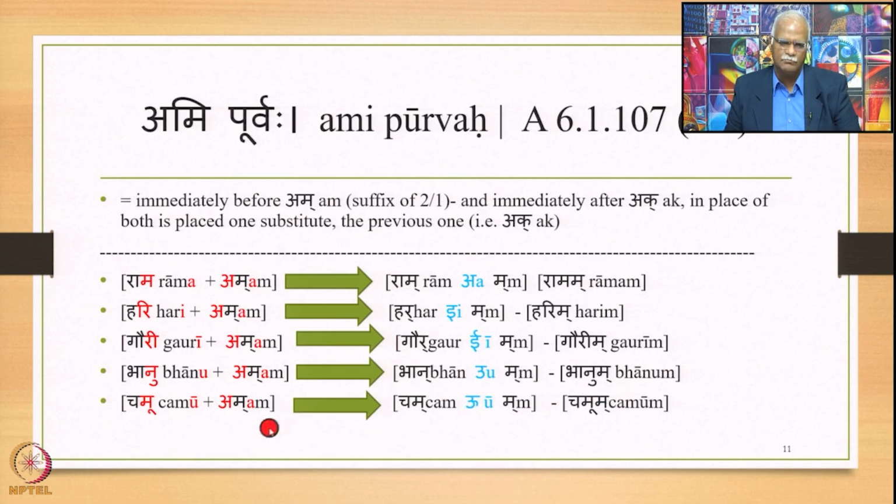Similarly Chamu plus, where we have long U followed by A, and 6.1.107 applies and generates the output Cham, U and Ma, that is Chamum. This is how Amipurvaha operates in a very, very restricted domain.